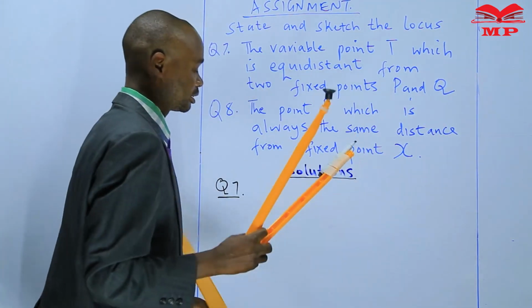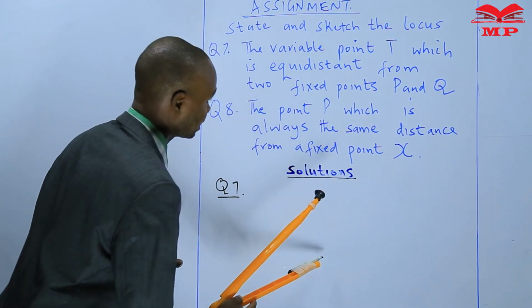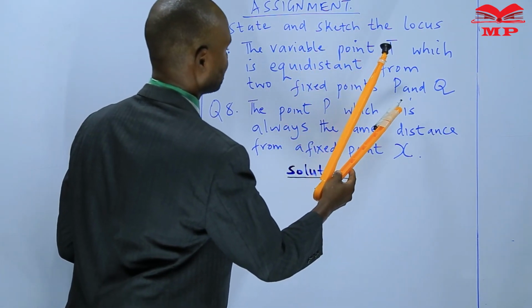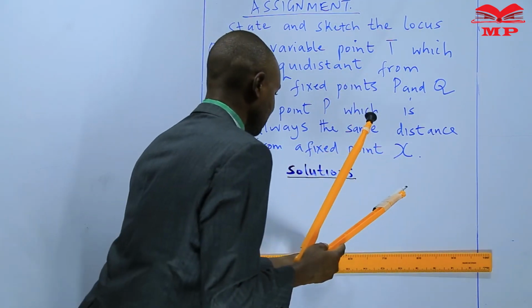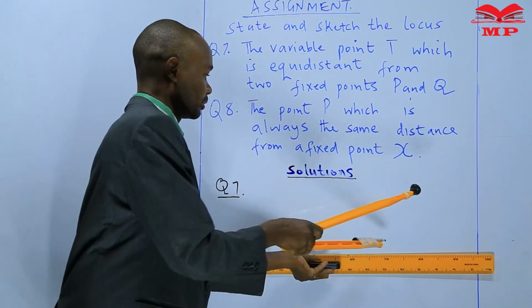The first thing you do, you have a variable point T and 2 points P and Q. So first of all, draw a straight line.